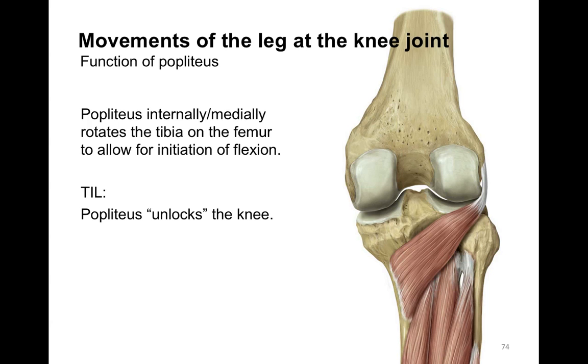If we look at the attachments of the popliteus muscle, which can be viewed here, because of its position posterior to the knee joint, going from the lateral condyle to the medial proximal tibia, when it shortens, it's going to provide that internal medial rotation, also flexion of the knee, to unlock and initiate flexion, so that other muscles can come in to complete flexion of the knee.